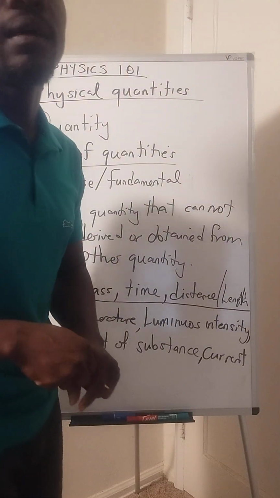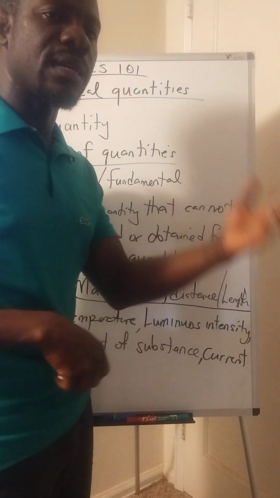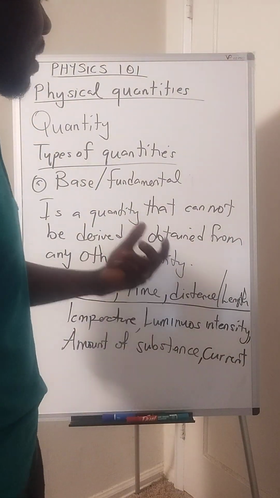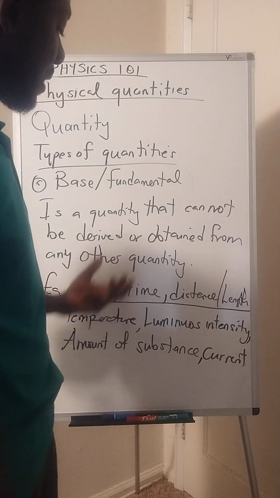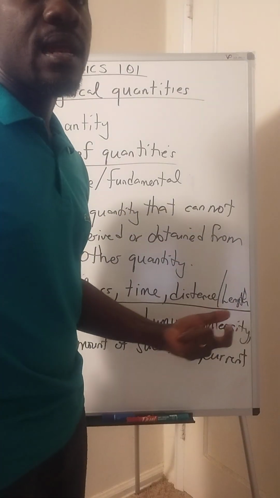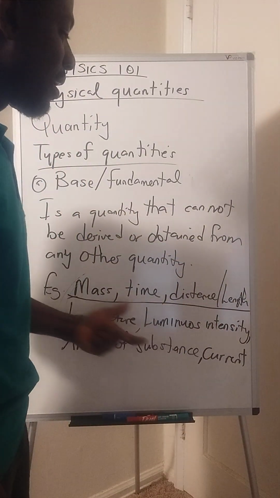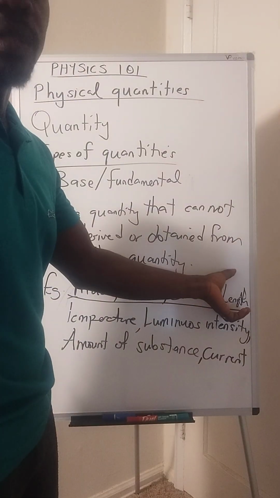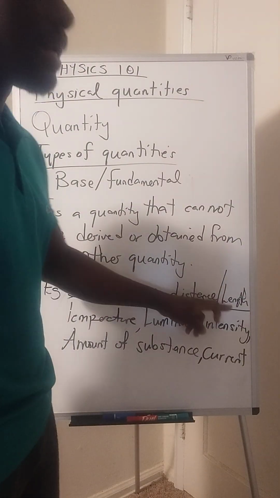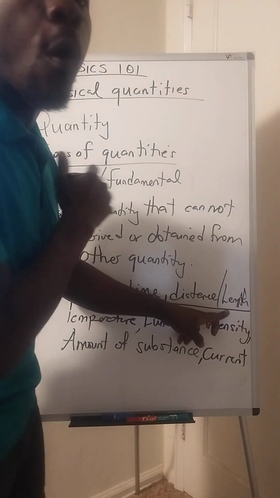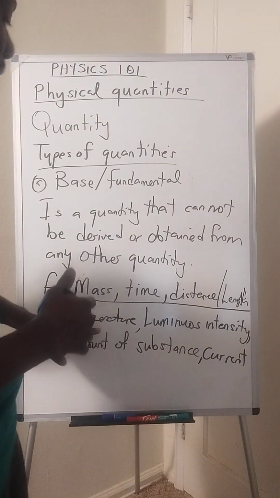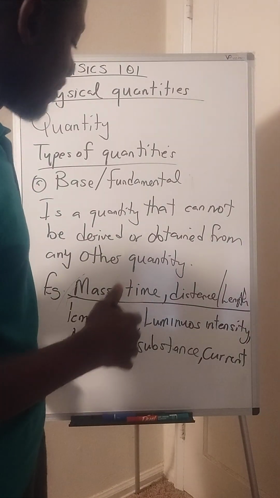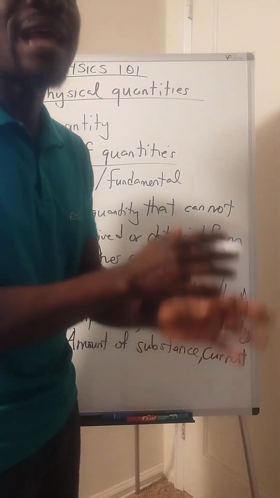However, most of the textbooks or most of the reference materials put them together. Now, why do we say that these are base? Mass, length, and time. In mechanics, these are the ones that hold. They run through all. But these others are somewhat limited, that is temperature, luminous intensity, amount of substance, and current, to certain aspects.